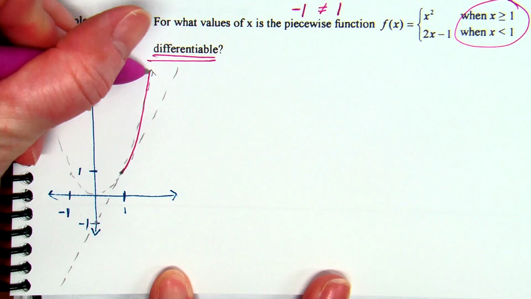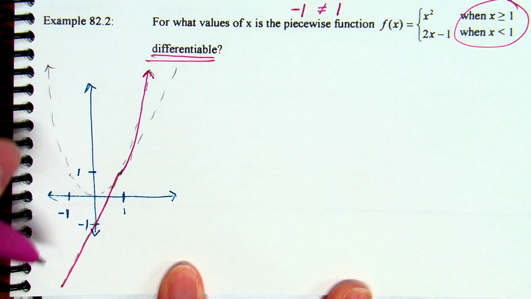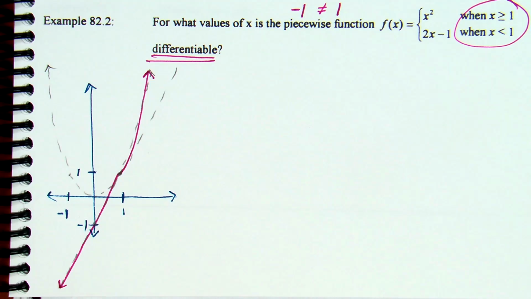The line is when x is less than 1. So that is the line before. Now, that is me freehanding that, yes? That is not me trying to look on the graphing calculator, that's just me freehanding.